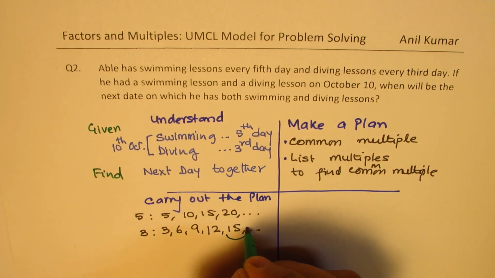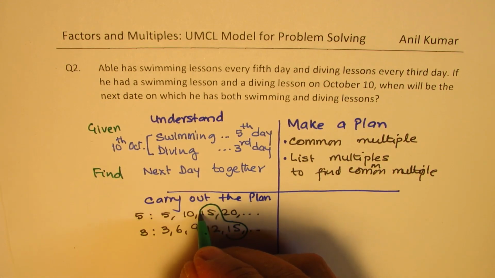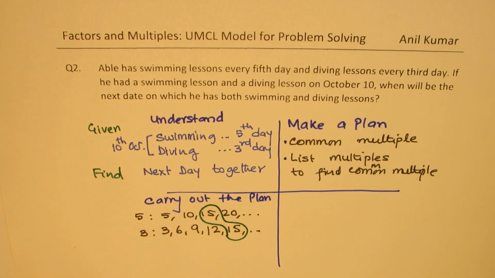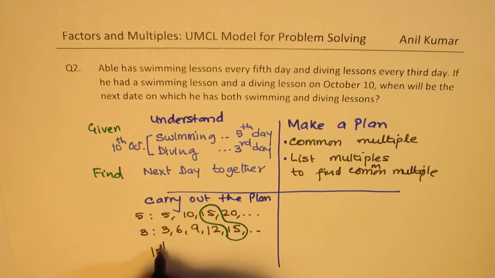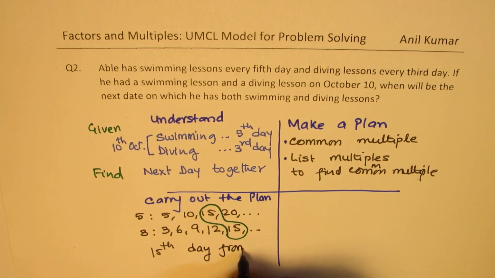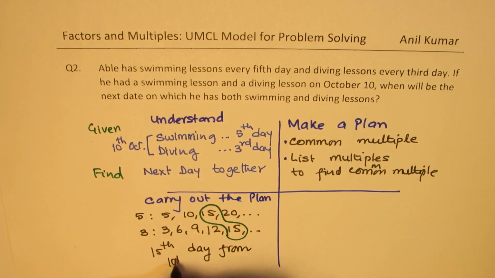So we have a common multiple, which is 15. So we can say that the result really means the 15th day from 10th October, correct?